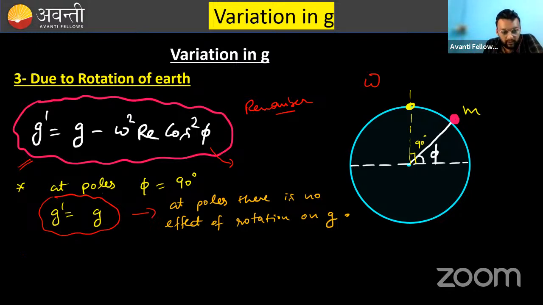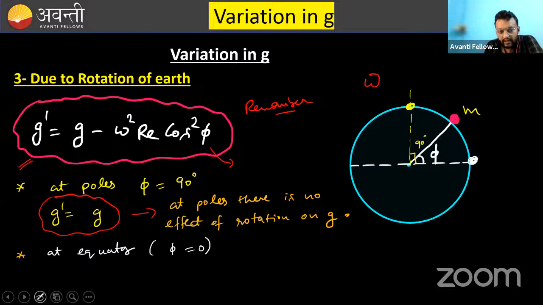Now, if I talk about the equator, the mass will be here. Then what will be the angle? This angle phi is made with the equator now, so this angle phi will become 0.